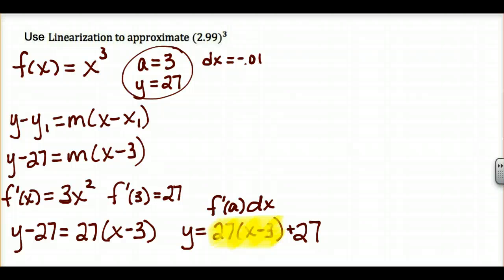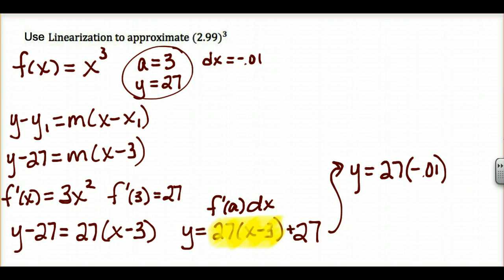That's going to turn out to be our negative 0.01. So I'm going to go up here to finish this off. Our new y value will be 27 times, and again, I'm going to put 2.99 in there, so that's going to be negative 0.01. So that's how much y will change by. And then we'll add the 27 to get our new y.